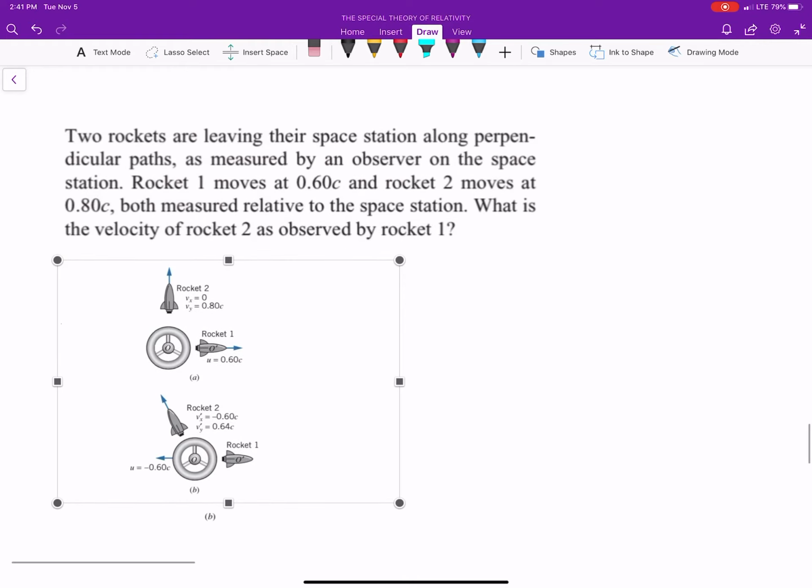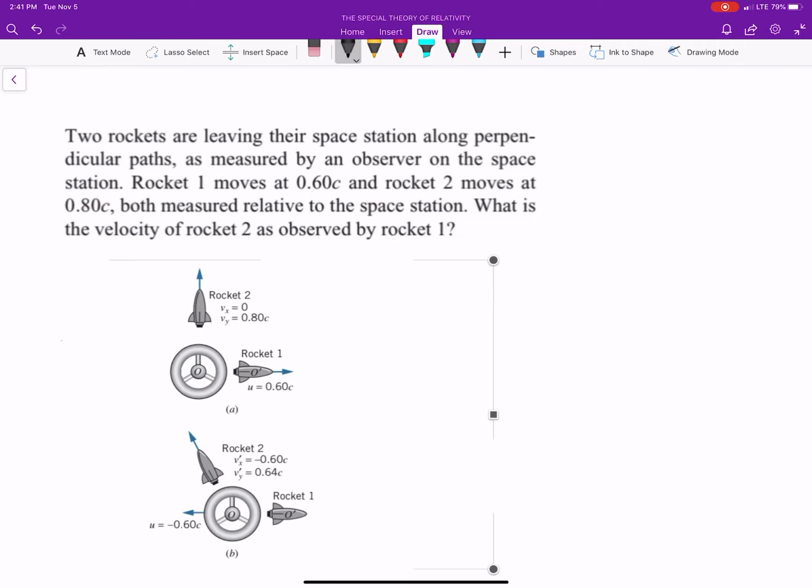So here what we have is an example using relative velocity addition. It says 2 rockets leave their space station along a perpendicular path. So like, boom, boom, it's a 90-degree angle. Rocket 1, which we're calling this rocket, goes at 60% the speed of light.